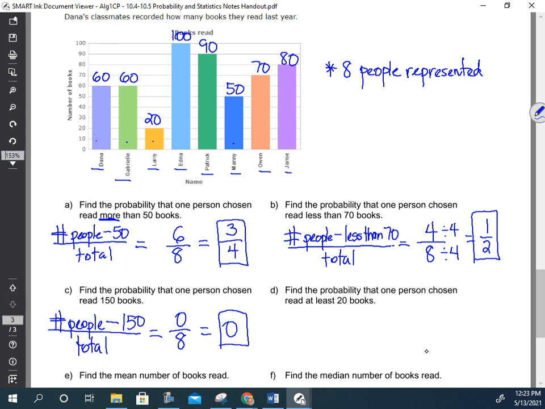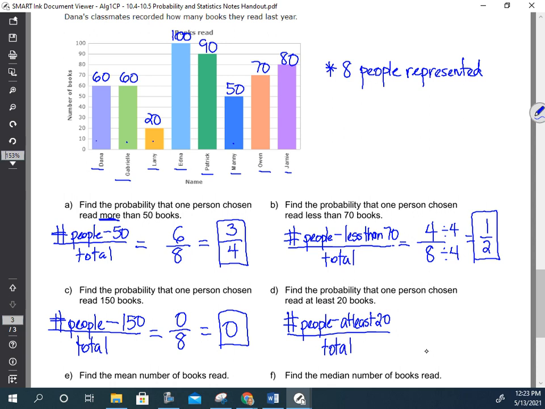Part D. Find the probability that one person chosen read at least 20 books. So the number of people at least 20. At least means you can either read 20 or you read more than 20. That's everybody.